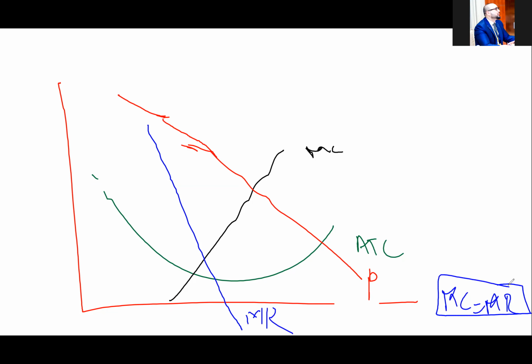So MC is equal to MR where? MC is black, MR is blue. So you see the cross of the blue and black curves here. At this point, MC is equal to MR. And it's beyond the ATC point also?